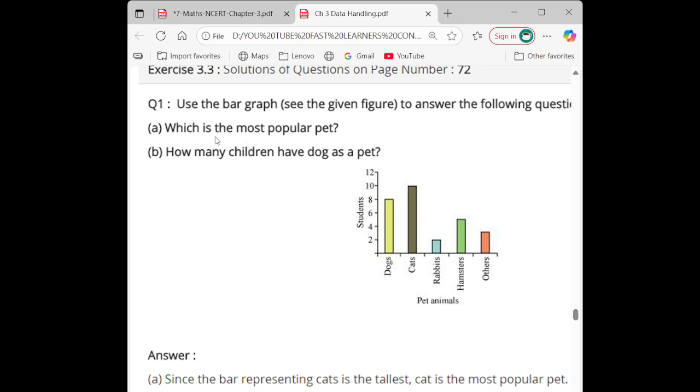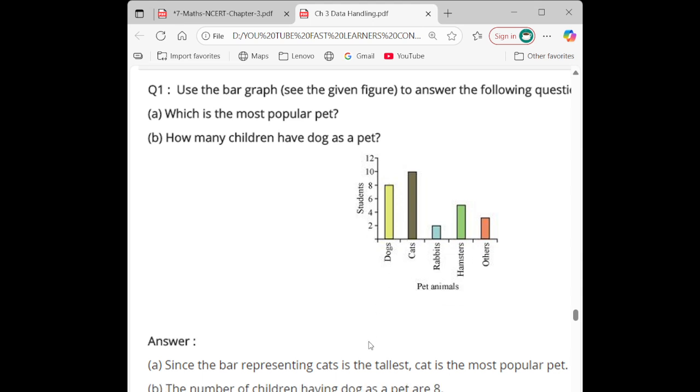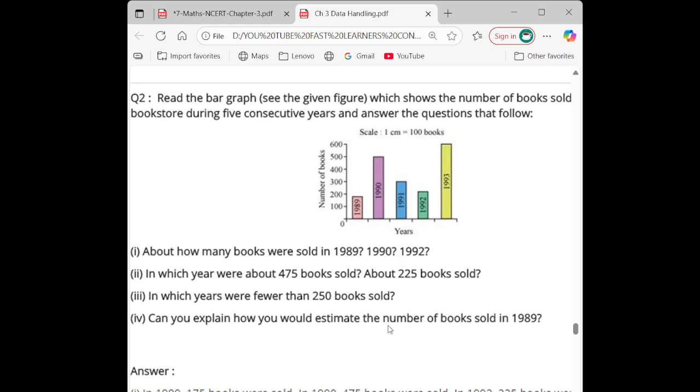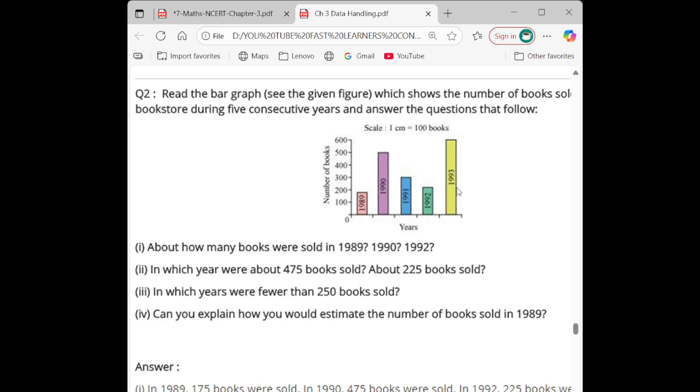In the beginning, here you are given only the graph and you have to answer the question based on the graph. For example, which is the most popular pet? So here you can see the cat is the most popular pet. And then how many children have dog as pet? So 8 of them. This is very easy. Here also another graph has been given. You have to understand this.